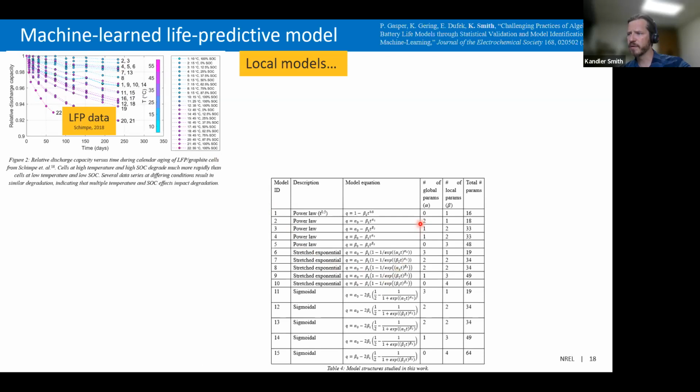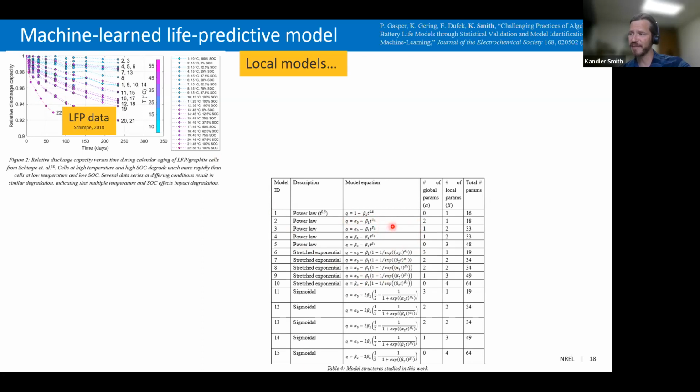And so when we're fitting models, we can fit it with local models. And hopefully this isn't too small to read, but the simplest one here is relative capacity is equal to 1 minus some rate, beta 1, times the square root of time. Or a slightly more complicated model is to let that power of 1/2 vary. So it's not just square root of time, but maybe it's time to the 0.6, or whatever the exponent is.